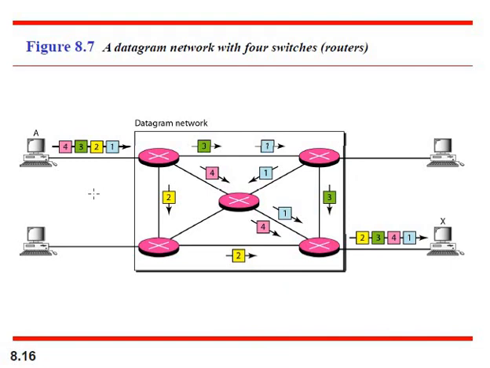The example for a circuit switching network is whenever any VIP, MLA or MP is moving on the road, all people will be blocked for a certain amount of time, and that road will be reserved for that particular VIP and so on. So these are the examples for datagram networks as well as circuit switched networks.